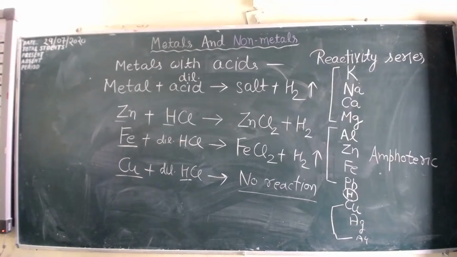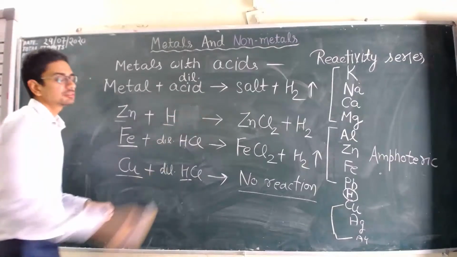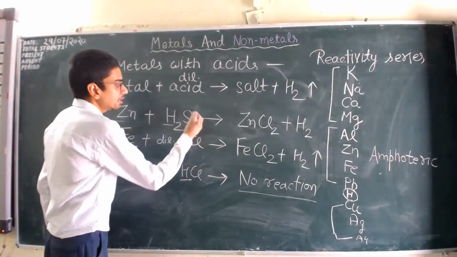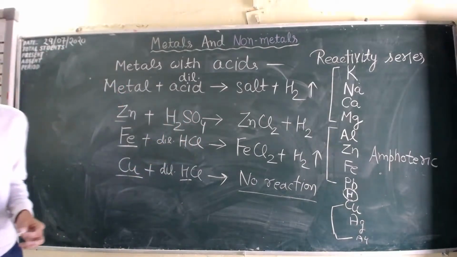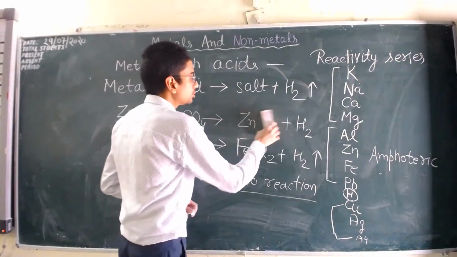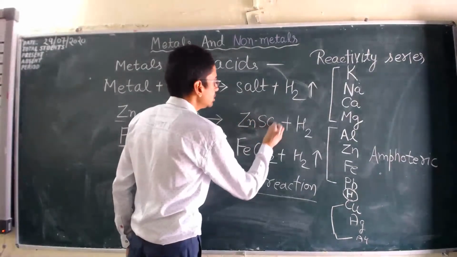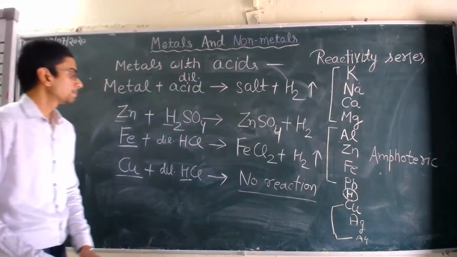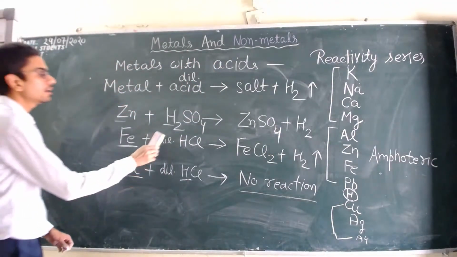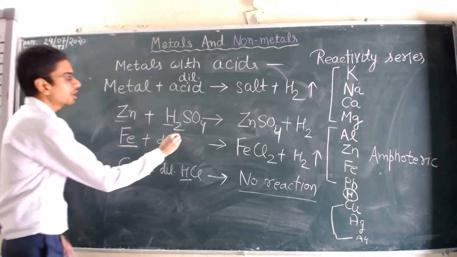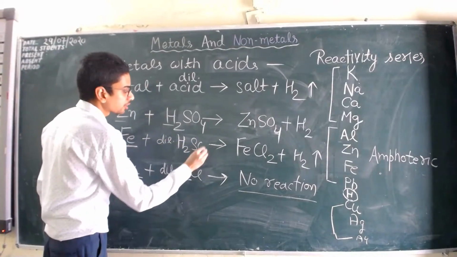If we take sulfuric acid, H2SO4, the reaction will be the same, but the Cl2 will change to SO4. The pattern of reaction will be the same. Okay, can you write down the reaction of iron with H2SO4?